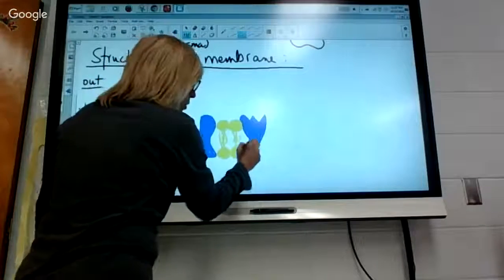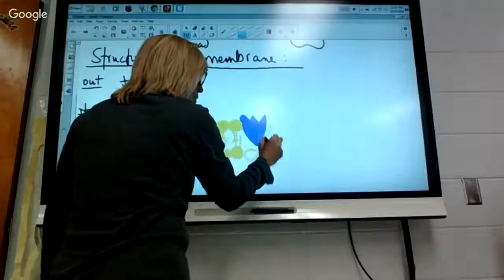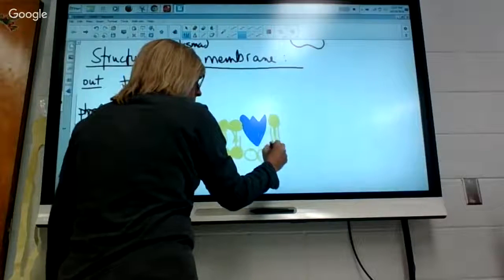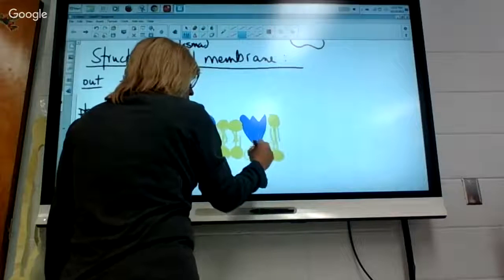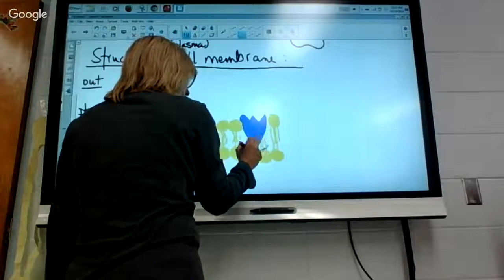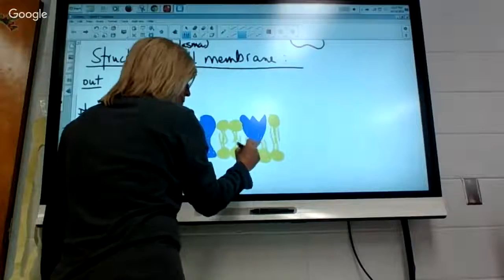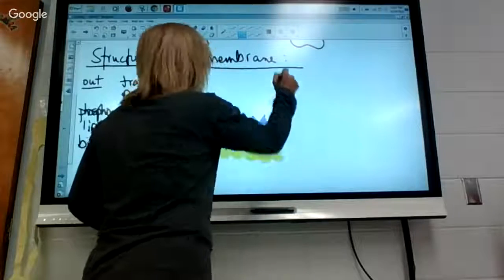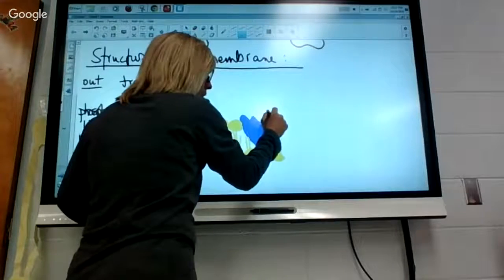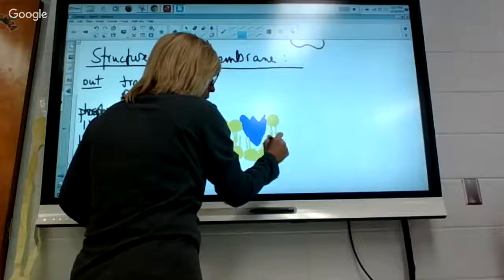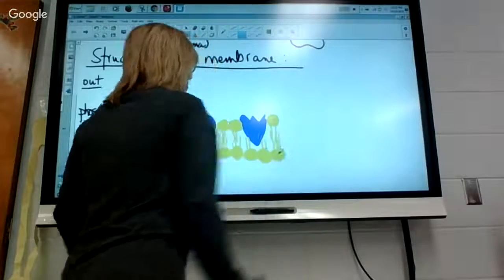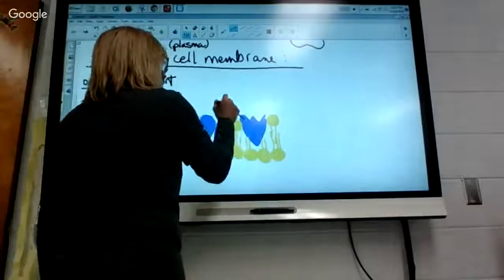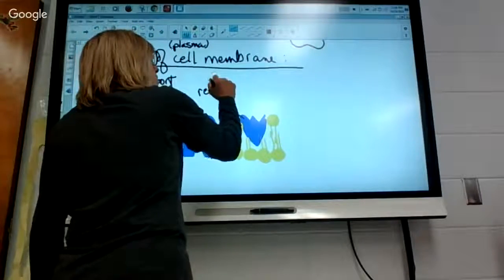Then we'll put a couple things down here. All right, so this one we're going to label a receptor protein.